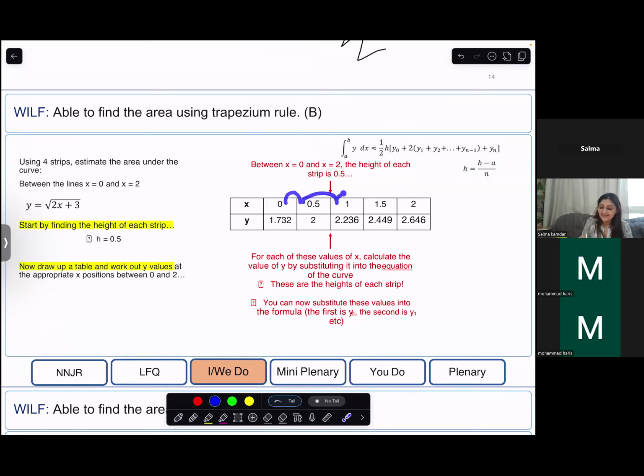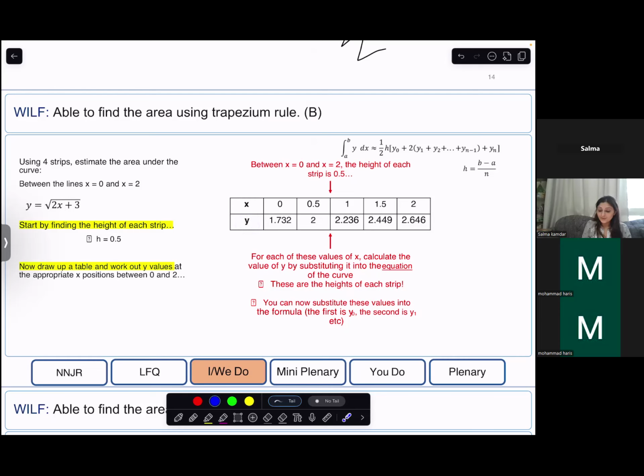You kept on increasing x by 0.5. Then what did you do to find your y? They've given us y equals root of 2x plus 3. So I inputted the values of x into the equation of y, and you just get the values of y.